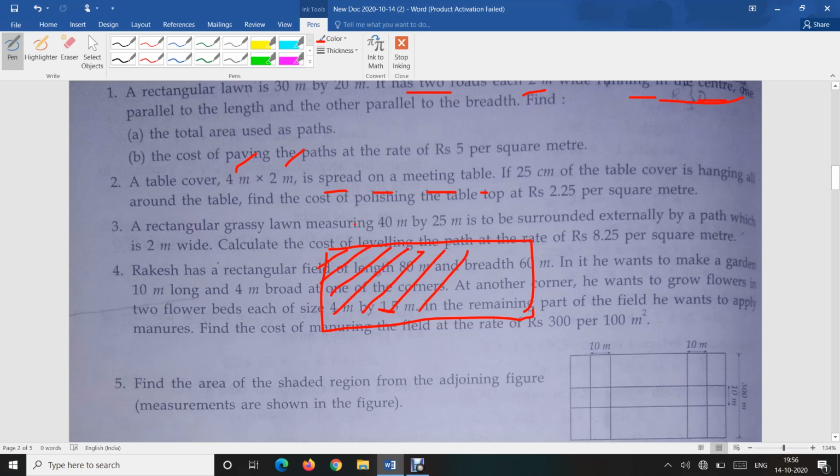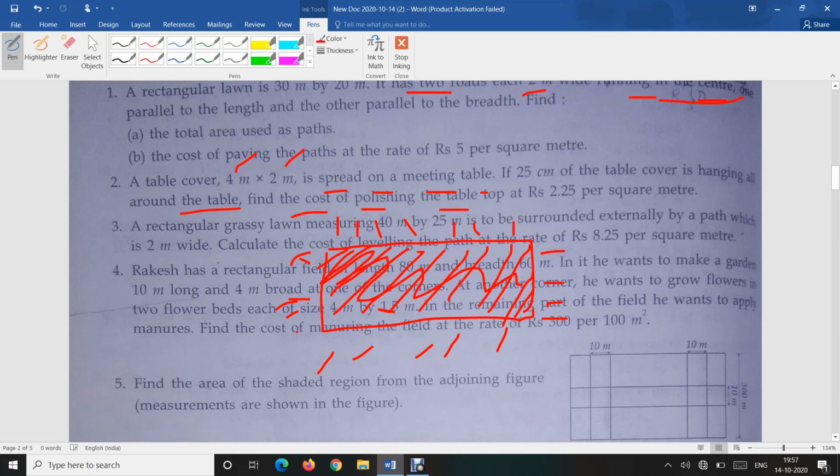here is the table cover. You usually see that some portion of any table cover is always hanging, and this is the top of the table, and just suppose this is the hanging table cover all around the table.